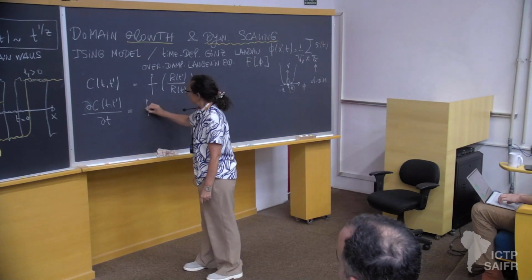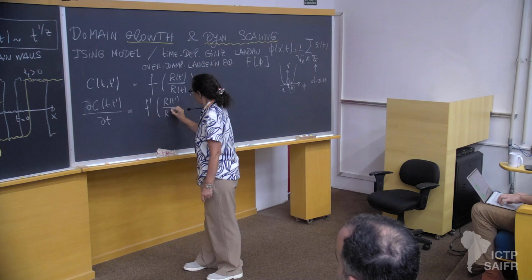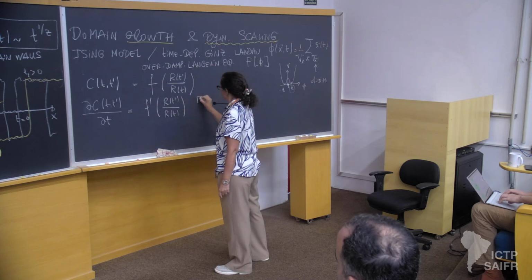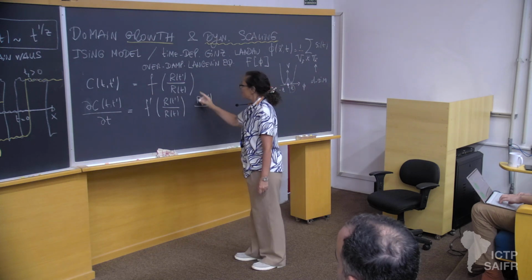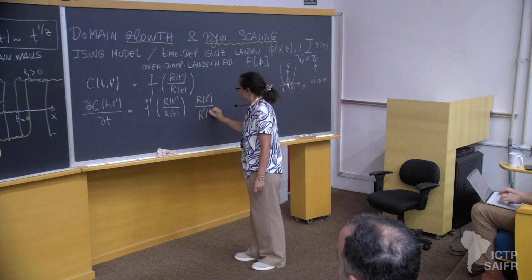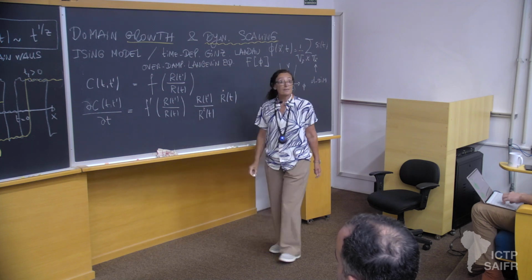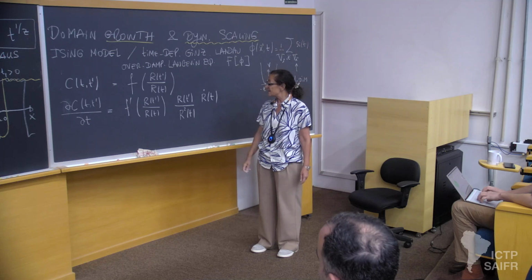So, okay, I take the derivative. I have to do f prime. R of t prime is not touched, but then I have the derivative of R of t. This is the time derivative, right? I'm just taking the derivative of what's inside.